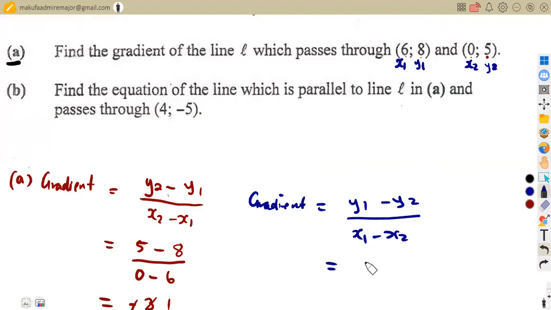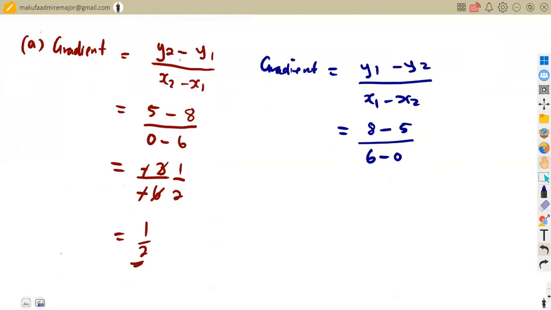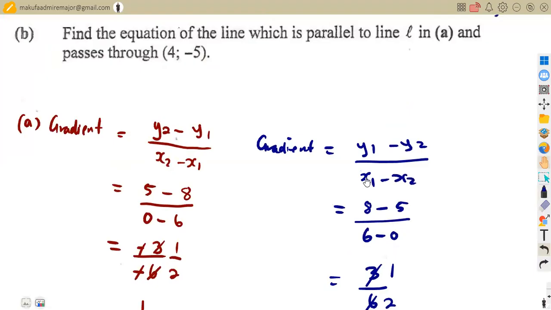Remember, y1 is 8, so we have 8 minus y2, which is 5, over x1, which is 6, minus 0. You can simplify this separately. 8 minus 5 is 3, 6 minus 0 is 6. So you can reduce by 3, which gives 1 over 2, which is the same answer.